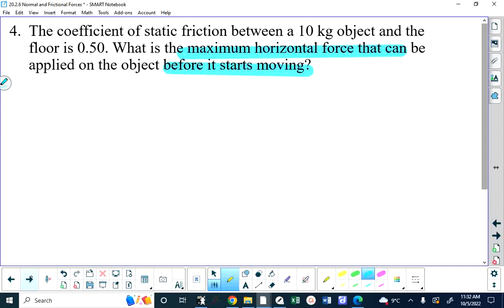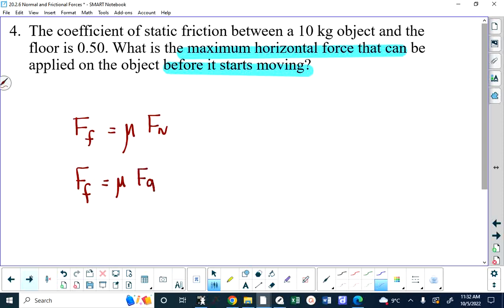So this is a way of saying, what is the force due to friction? Well, it's mu Fn, and because it's on a horizontal surface, it becomes mu Fg. Notice I didn't put vector symbols in there. I'm just saying magnitude. And Fg is always mg.